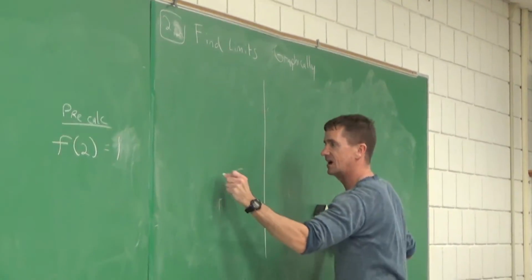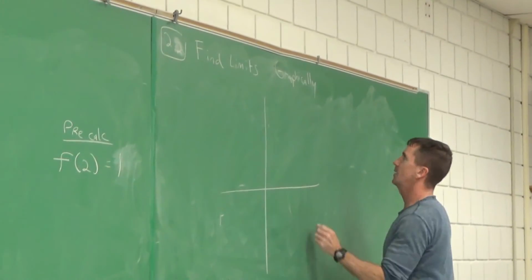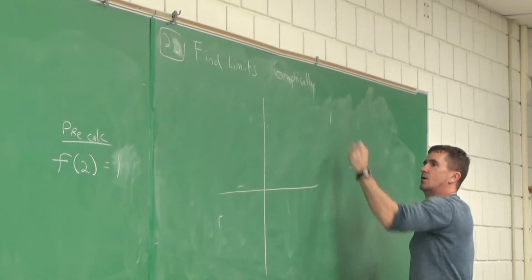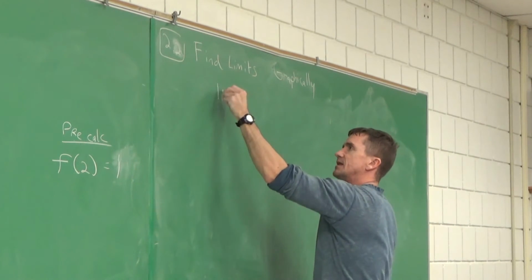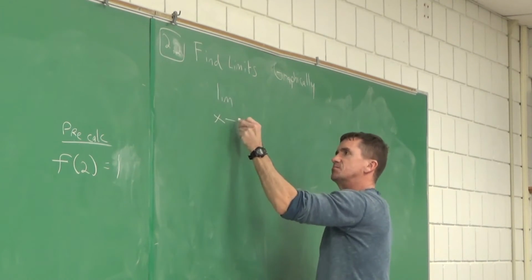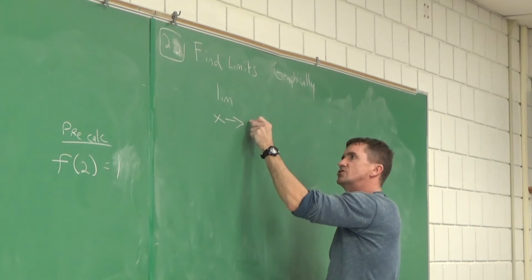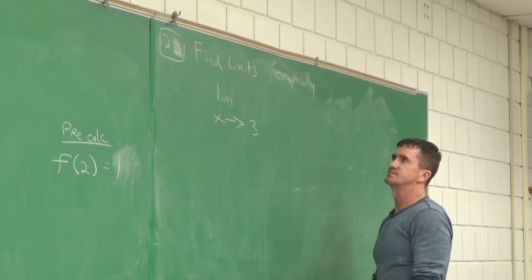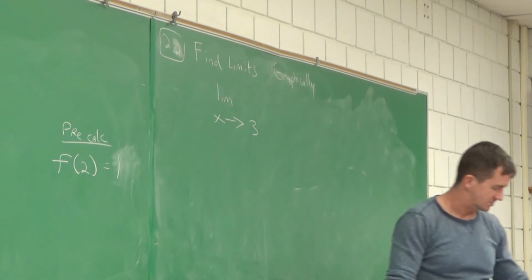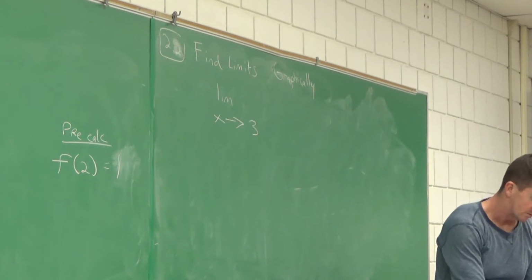So let's just draw a graph, and I'm going to make one up. Ready? Well, in fact, I'm going to erase this. Find a limit as x approaches the root of the function. Let me look for a good one.